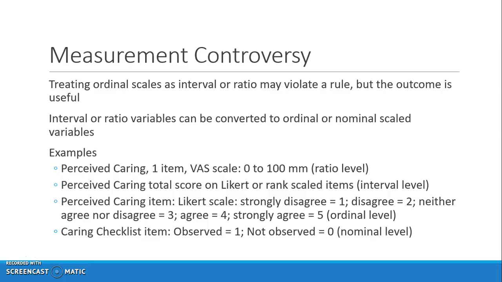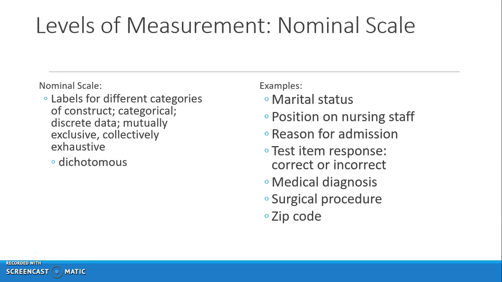Basically that means you're tallying up the ordinal scale items to get a total score, and that's interval level. One item on a perceived caring instrument has a Likert scale, agree, disagree, that's ordinal level. And then the caring checklist item can be observed or non-observed, observed 1, non-observed 0, and that's nominal level.